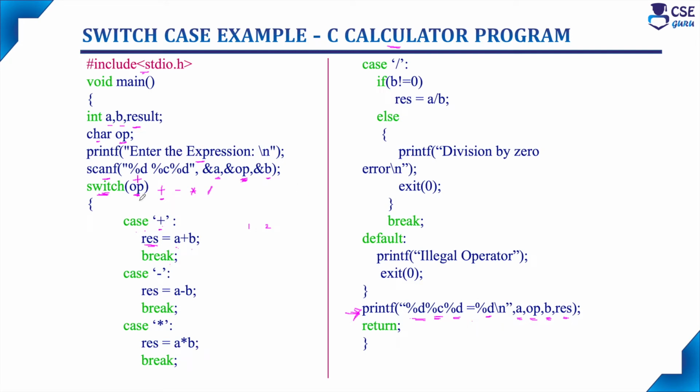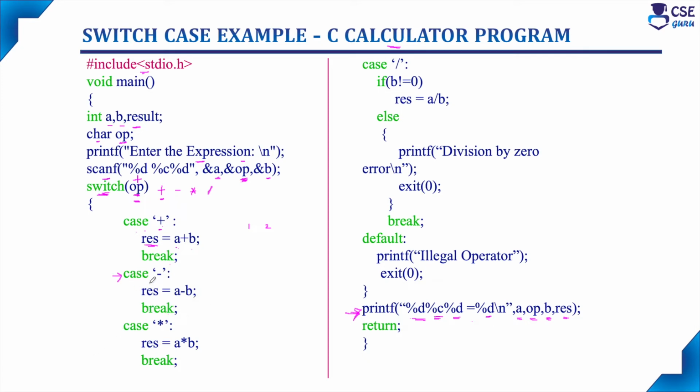Suppose the operator we have entered here is the minus operator. Here the switch statement will evaluate the minus operator. Immediately after evaluation, according to the result, control will transfer to the corresponding case statement, that is case minus operator. And here it will execute the statement: result is equal to a minus b, and then it will break.